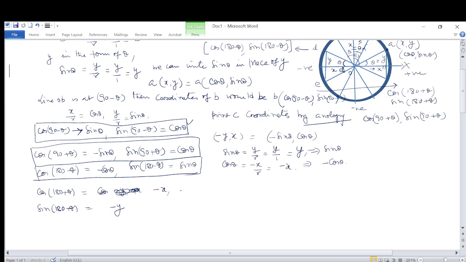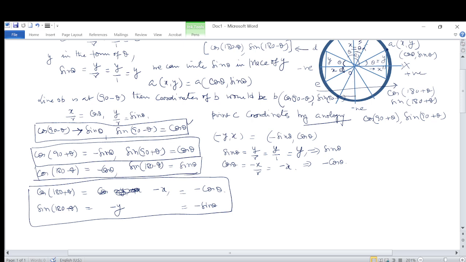So in place of minus x, we can write minus cos theta, and in place of minus y, we can write minus sine theta. Now I am leaving a few things for you. In the same way, if you come to this place, this is 270 minus theta.